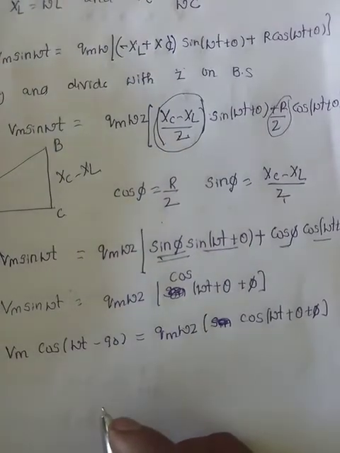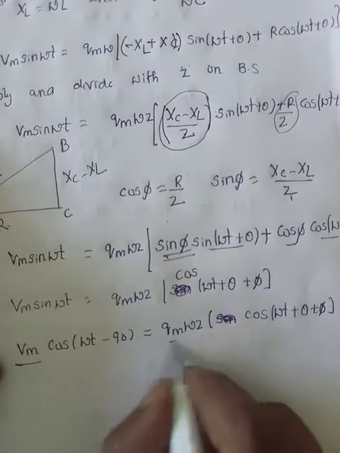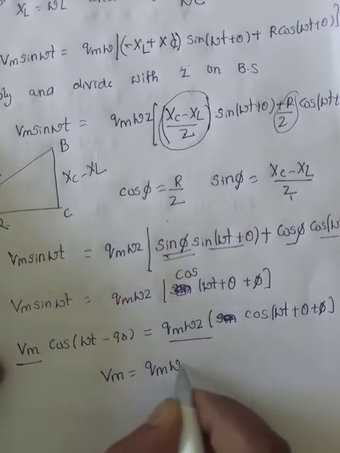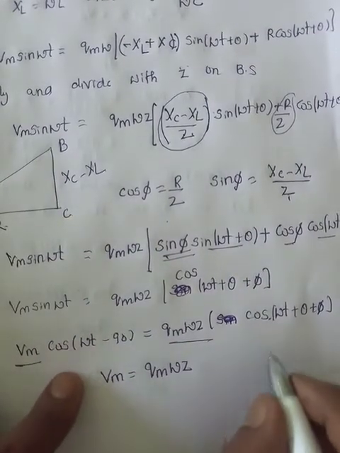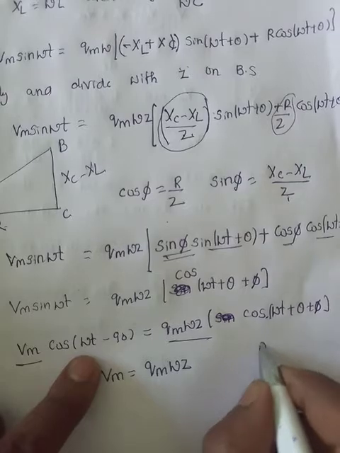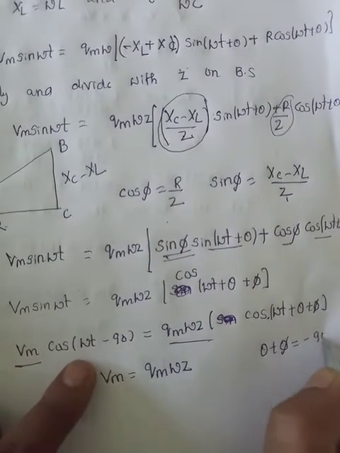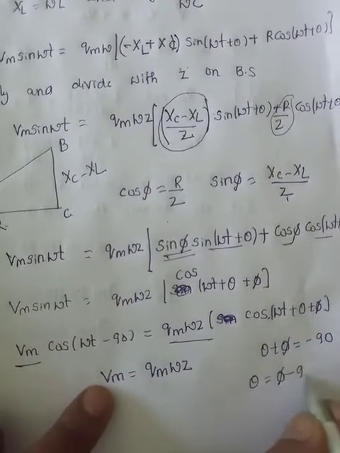Equating on both sides, Vm is equal to Qm omega into Z, and cos of omega t common, theta plus phi is equal to minus 90. From this, theta is equal to phi minus 90.